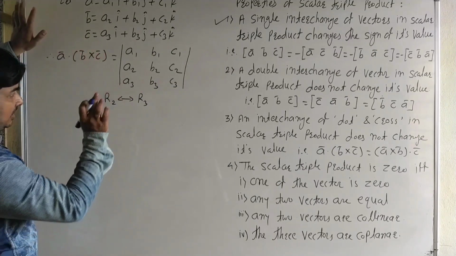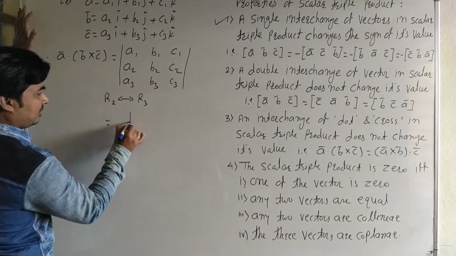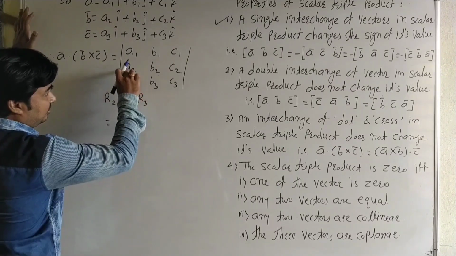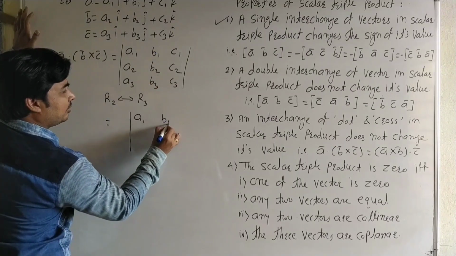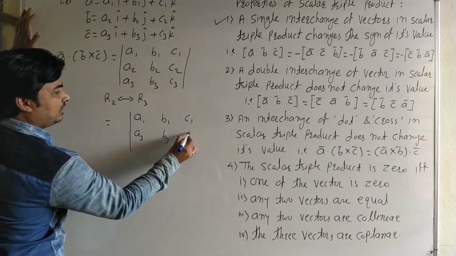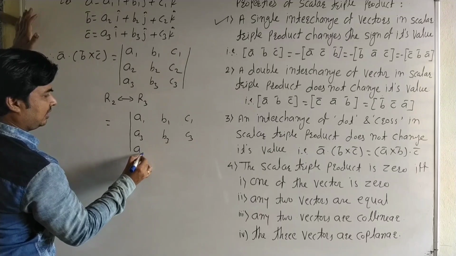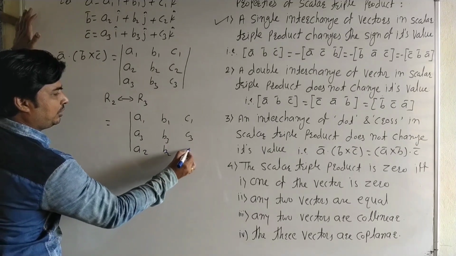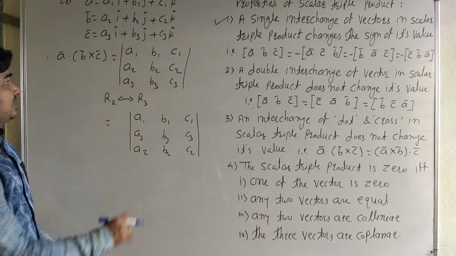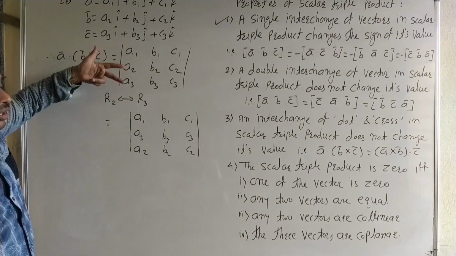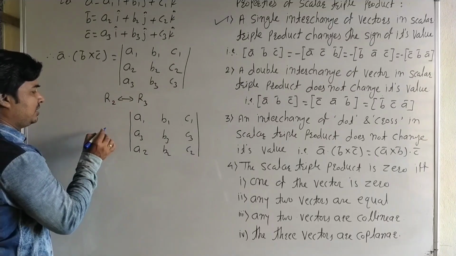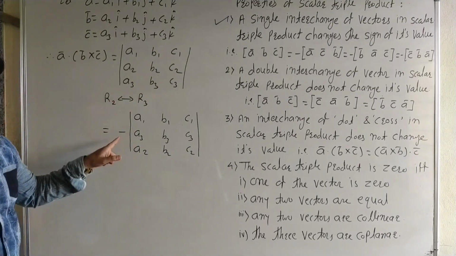See carefully, the determinant becomes, with R2 interchanged with R3: R1 as it is, A1 B1 C1, then A3 B3 C3, then A2 B2 C2. It is a single interchange of two rows, R2 and R3, so the value of the determinant changes in sign, that means it is minus.